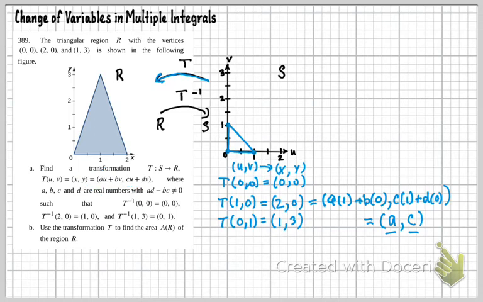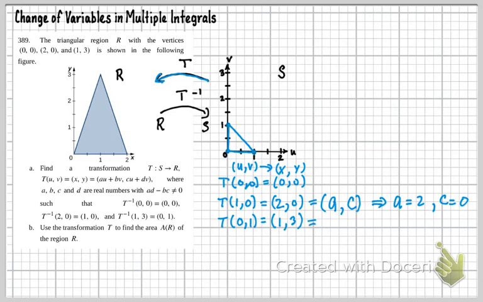So that means (2, 0) equals (A, C), and this implies that A equals 2 and C equals 0. I didn't do the first one, (0, 0), because it wasn't going to result in anything useful; go back to it and use the same logic to find that you just get (0, 0).